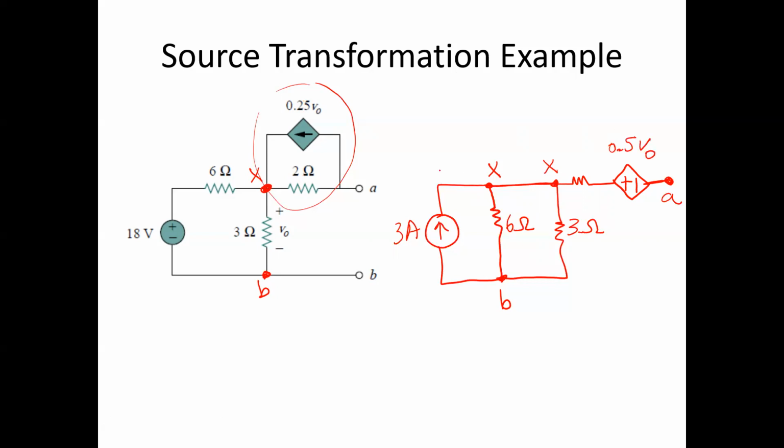And then the value of the resistor stays the same, so it's just 2 ohms over here. So actually, I can also bring this out here just to make it similar to the original circuit, and you're done. Okay, so again, the key thing is just to make sure that you're aware of what 2 nodes you're transforming between, and make sure that your transformation gets replaced across the exact same 2 nodes, so that we're preserving the accuracy of the circuit.